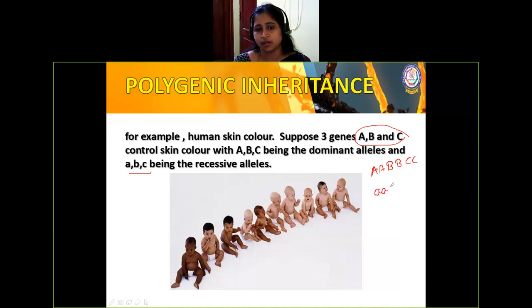Small a, small b, small c, recessive. Now, when it is intercrossed, what will be the genotypes? If you see capital A, capital B, small b, capital C, small c, this is intermediate skin color.